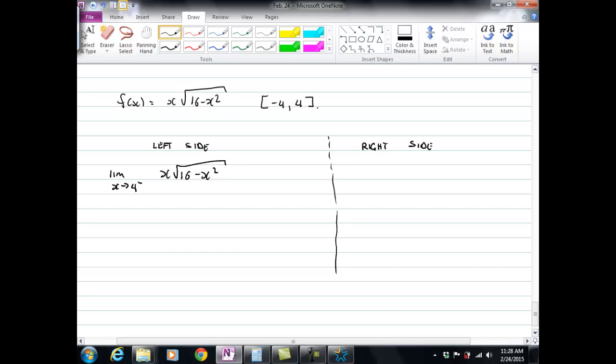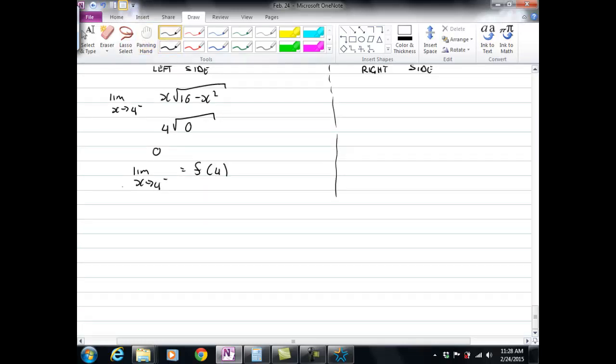And in this case, I can easily sub in 4, which gives you 4 times root 0, which gives you 0. And I say this, look, lim as x approaches 4 from the left equals f of 4, because it's the exact same value. So which means it is continuous from the left.